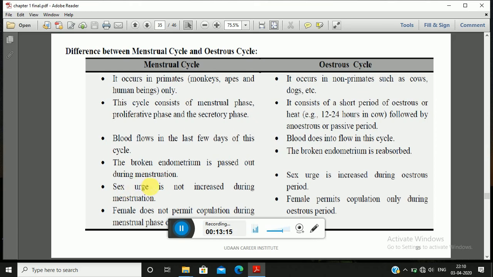The sex urge is not increased during menstruation, whereas in the oestrus cycle, sex urge is increased during the oestrus period. Females do not permit copulation during the menstrual phase, whereas females permit copulation during the oestrus period. So friends, these are a few differences between the menstrual cycle and the oestrus cycle.